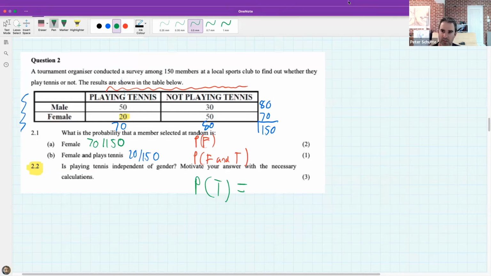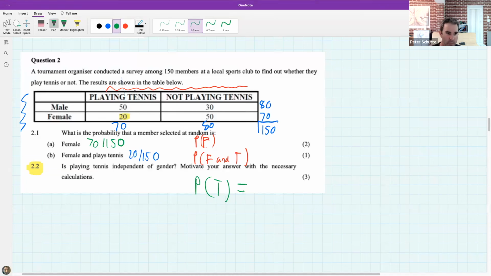Who knows what the answer to that's going to be? So the probability that a randomly chosen person plays tennis is just going to be 70 over 150. I go to the column with playing tennis, and I see there's 20 females and there's 50 males who play tennis.